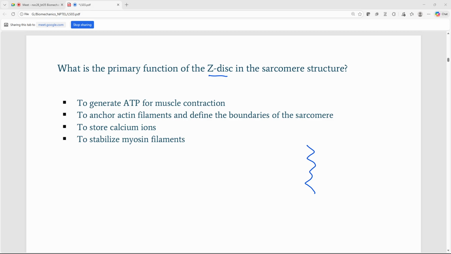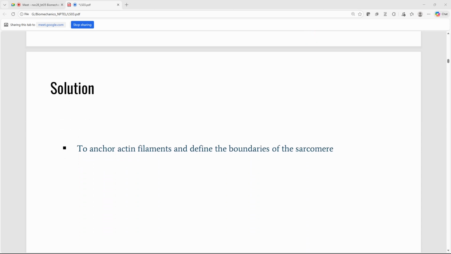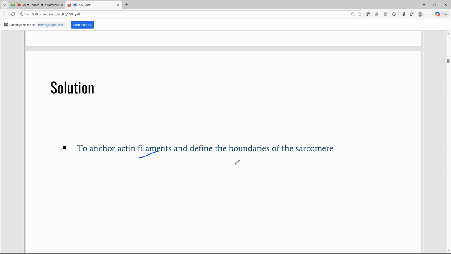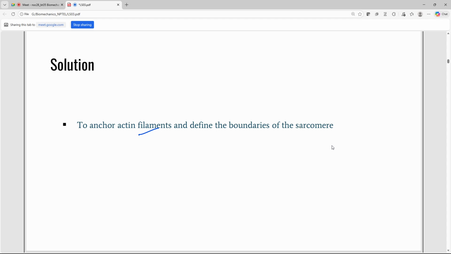The answer is the second option, that is, to anchor actin filaments and define the boundaries of the sarcomere. The Z disc structure forms only because of the interconnection of actin filaments coming into contact, and this structure is giving an anchoring.